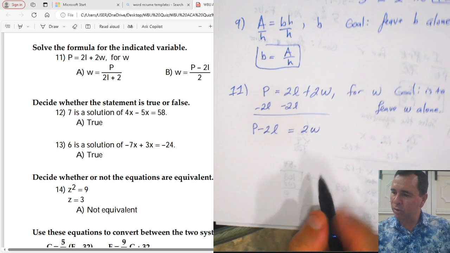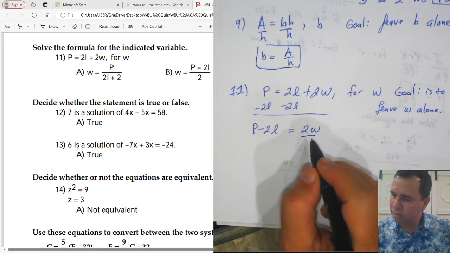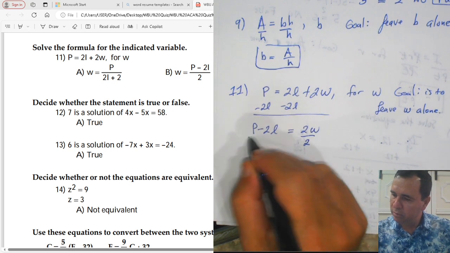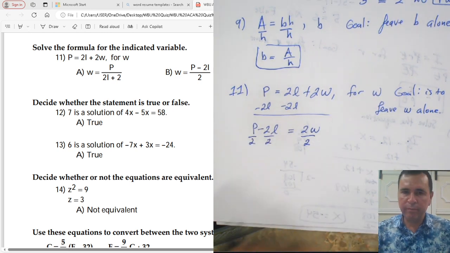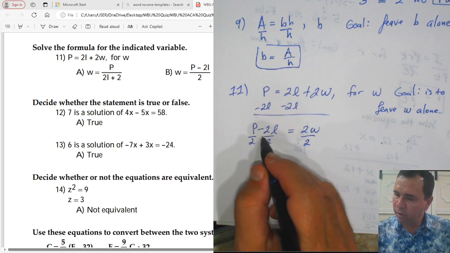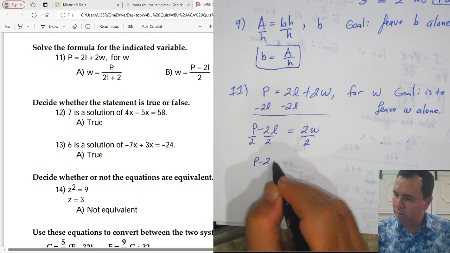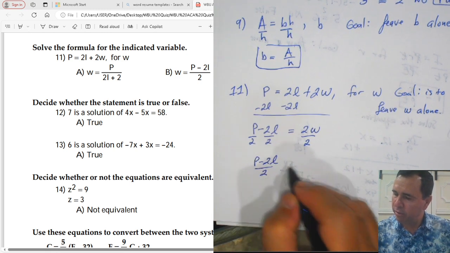And now, in order to leave W alone, you have to divide everything by 2. So it's going to give me, and I think they leave the 2 on the bottom like this. They just leave the 2 down here.